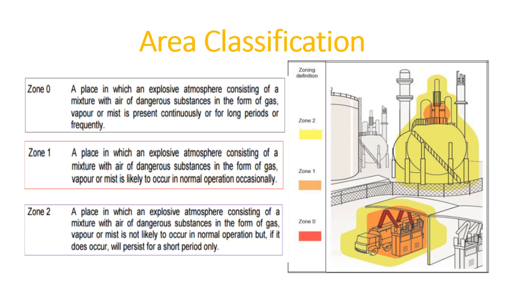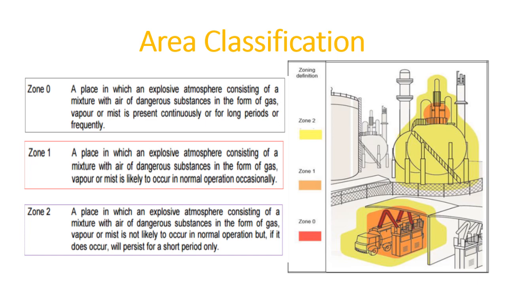And now the area just outside this is zone 1, because under normal operation there is a chance, but it is not present continuously, it is present on an occasional basis. And zone 2 is the yellow area.